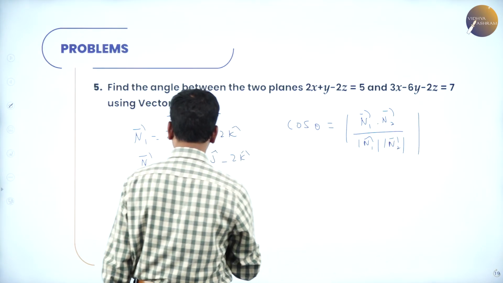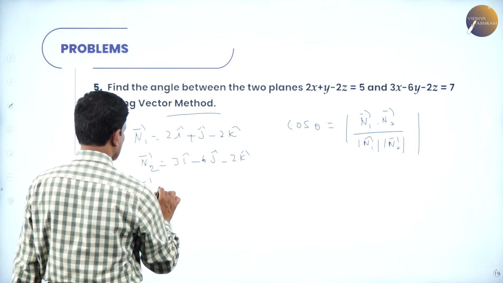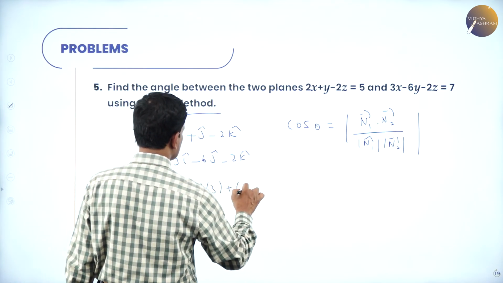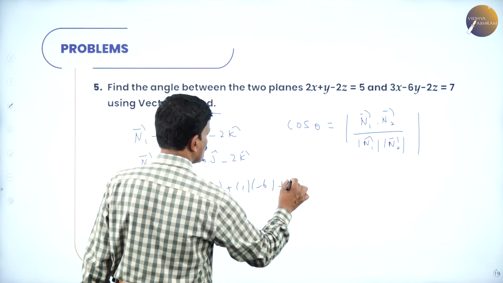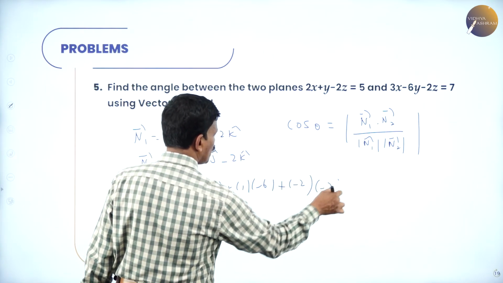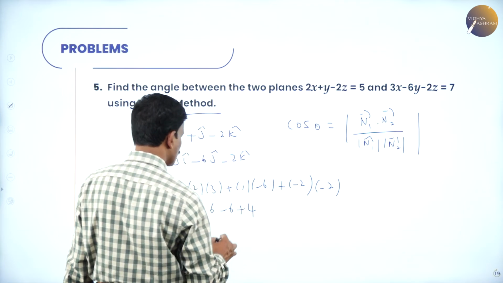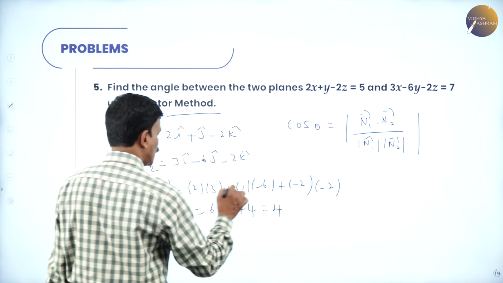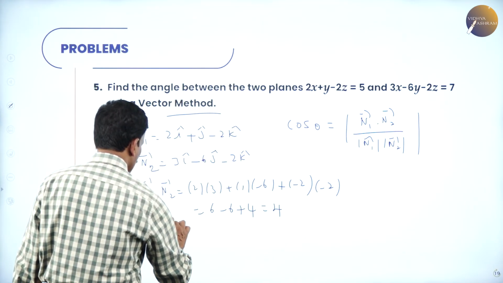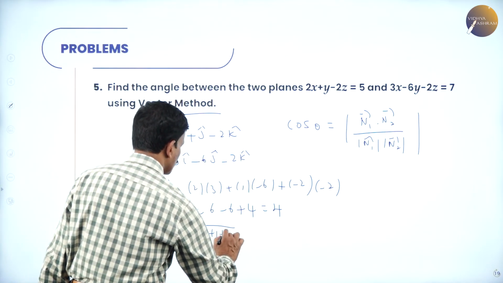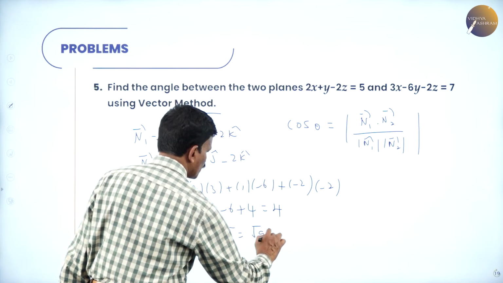So, find out the dot product of n1 and n2. n1 dot n2 is equal to 2 into 3 plus 1 into minus 6 plus minus 2 into minus 2. So, 6 minus 6 plus 4. This is equal to 4. And length of n1 is square root of 2 square is 4 plus 1 plus 4. This is root 9. Square root of 9 is 3.